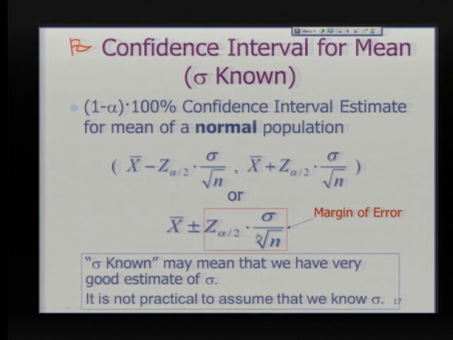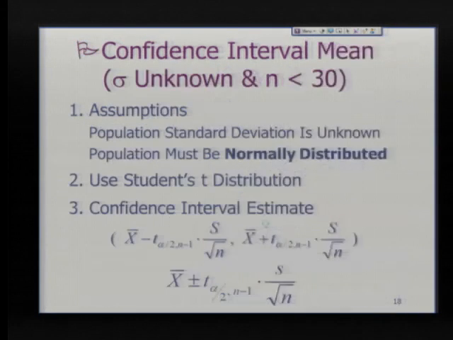Later on another famous statistician, Fisher, who you're going to learn about later with the Fisher exact test, that same Fisher derived a distribution, the t distribution, that is good to use for adjusting the z-score so that we can feel safe using the sample standard deviation as the estimate for the standard deviation.